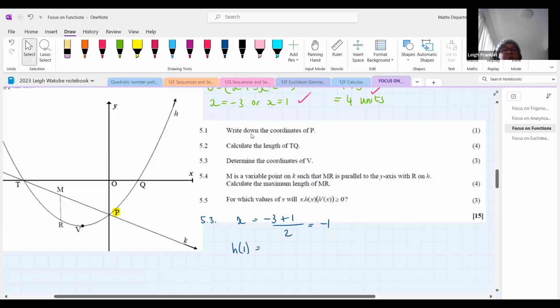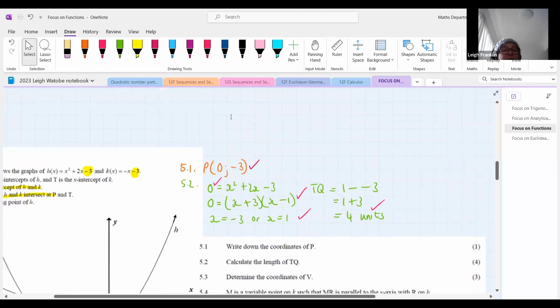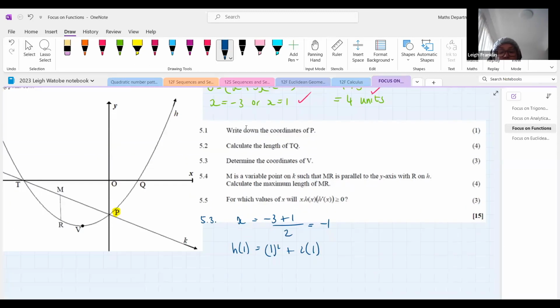Okay, so remember to show your working. So that would be 1 squared plus 2 times 1, sorry, -1. Beg your pardon. What was it at the end? -3. Okay, and then that would give you -4.